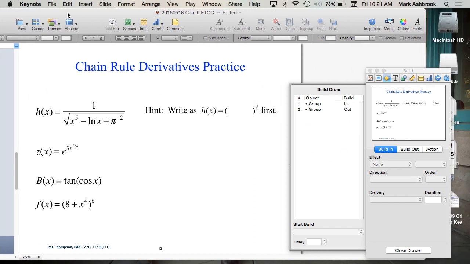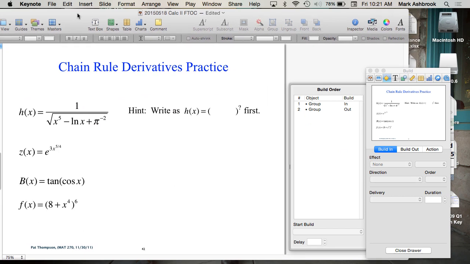So here are 4 functions. Maybe let's put this one last. This first one, I gave you a little hint there to write it as something to a power first, and then take the derivative.